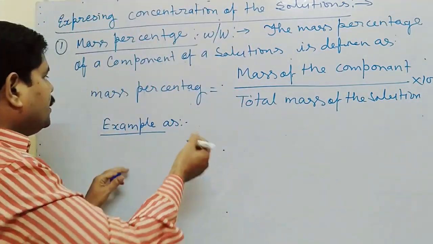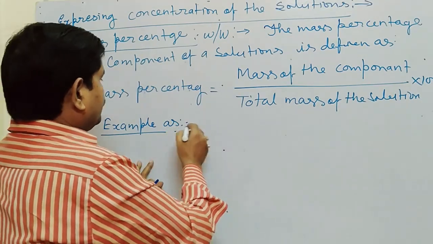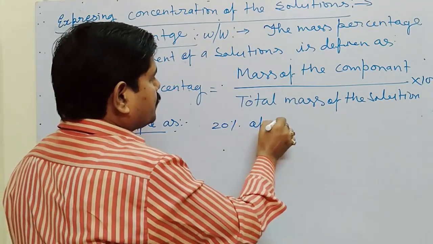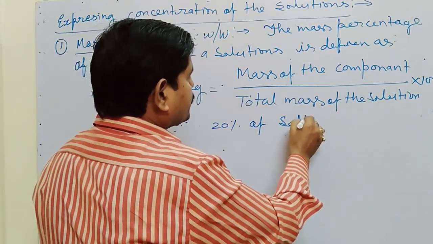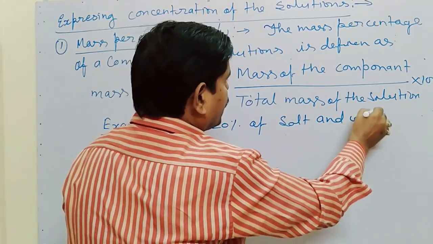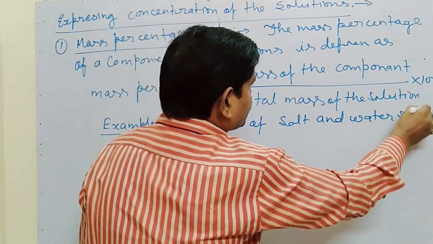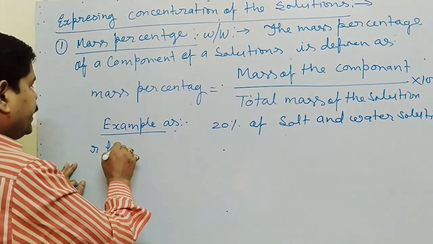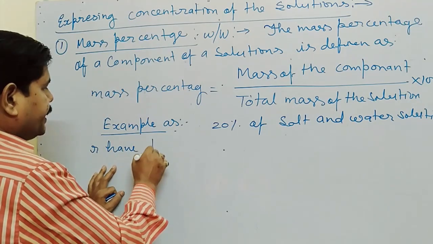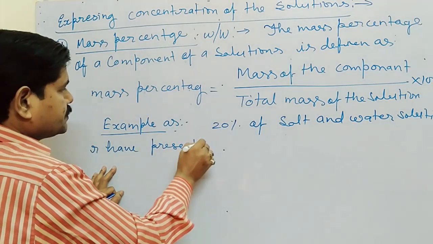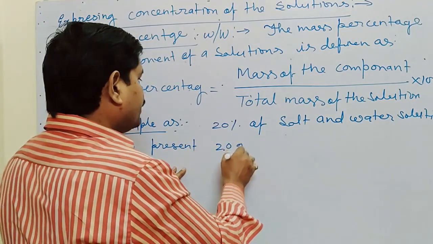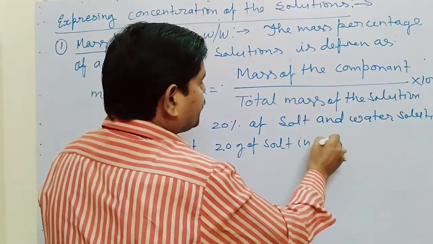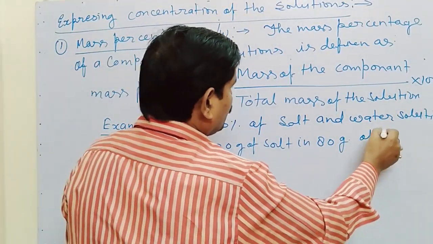Here the 20% salt and water solution has 20 gram of salt present in 80 gram of water.